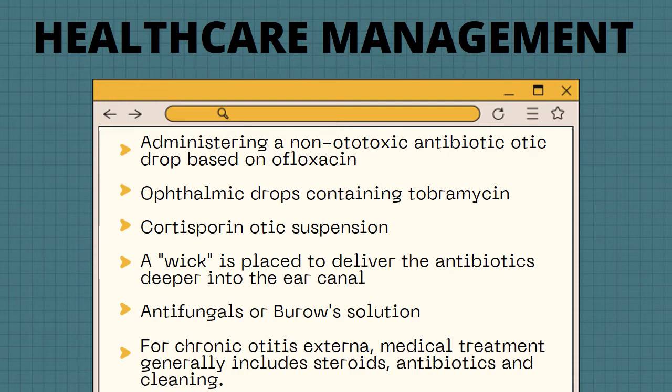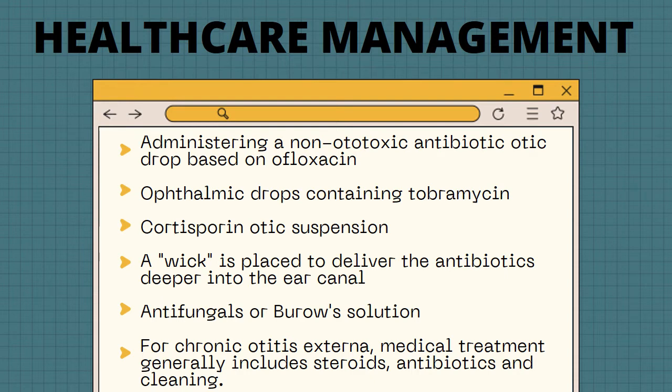Ophthalmic drops containing tobramycin have also been used for this purpose. If the eardrum is intact, there are several alternative eardrops that can be employed. Cortisporin otic suspension is also a low-cost and typically successful treatment option in this circumstance. Sometimes, a wick is placed to deliver the antibiotics deeper into the ear canal.